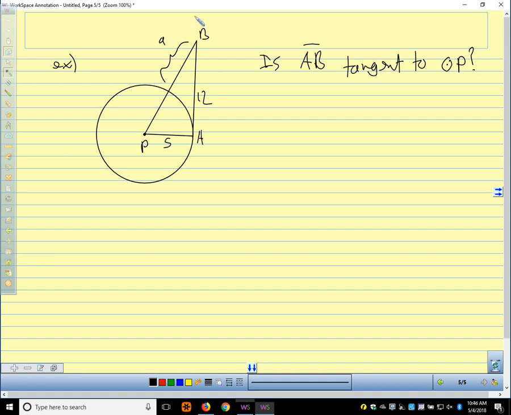Well, if segment AB is tangent to the circle, what does this angle have to be? If so, then angle PAB is 90 degrees. So if that's the case, then that's a right triangle.